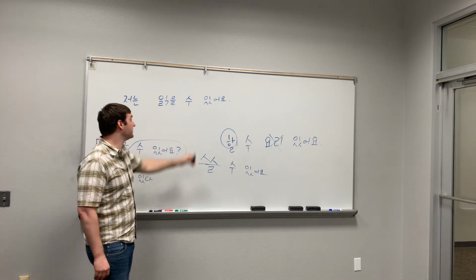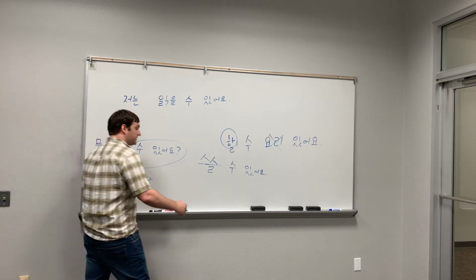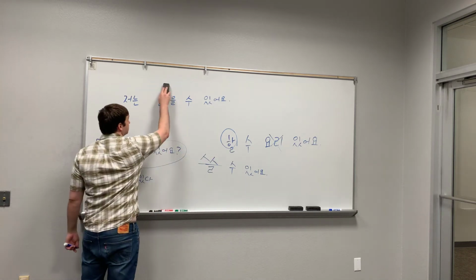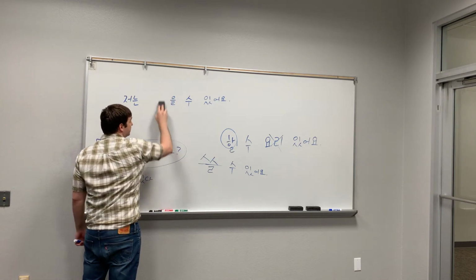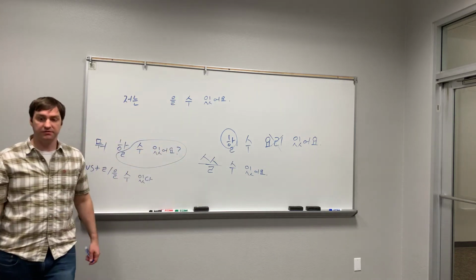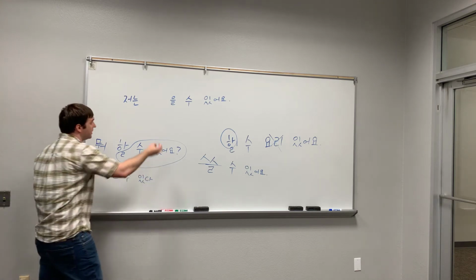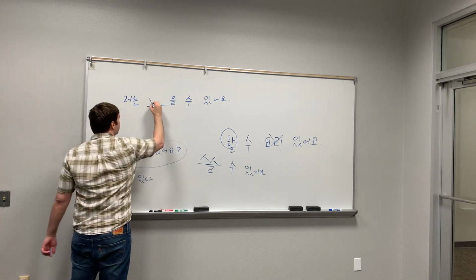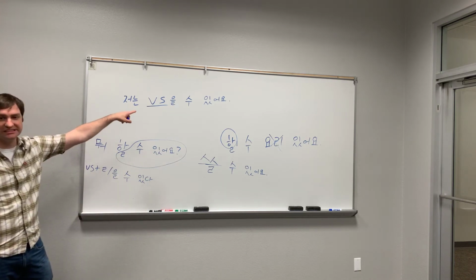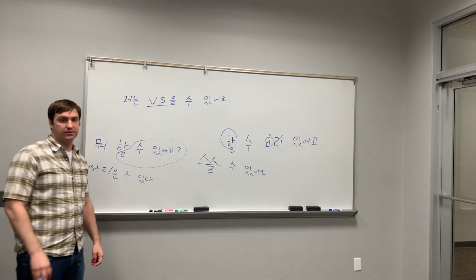Great job. Now, if you want to think about it this way, if this helps you, you can just take this out here. 저는 뭐뭐뭐 읽을 수 있어요. If this makes it easier, go ahead and use it. Put your verb stem here, and you're adding that.